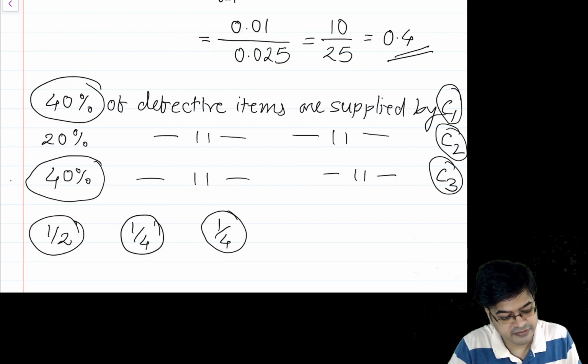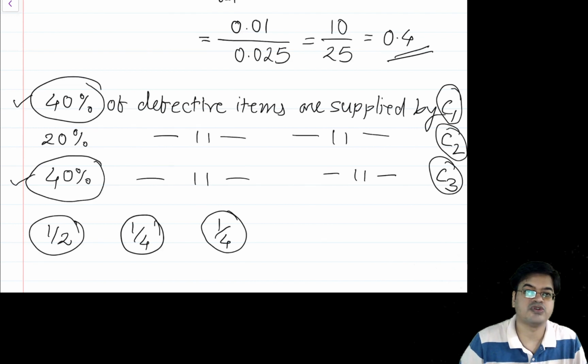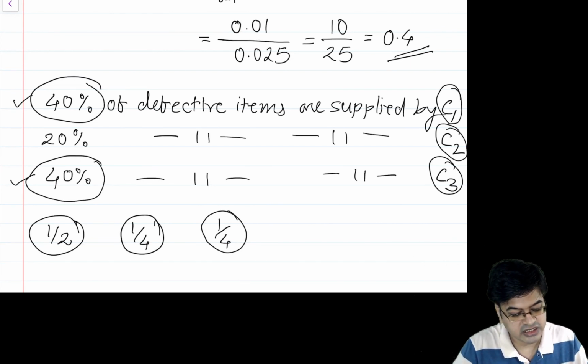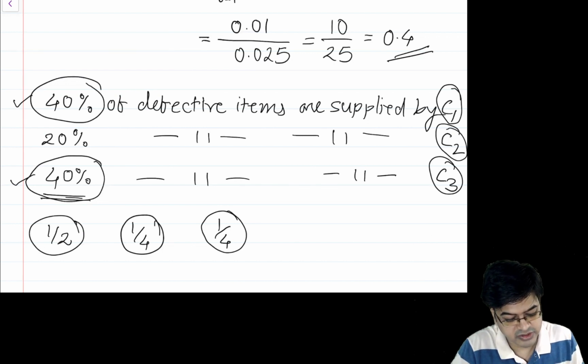He will identify the two causes, C1 and C3 are responsible for most of the defects. Now once he has identified this cause, if he wants to chuck off somebody from the supplier chain, then he may decide that this guy is producing 40% even though he is supplying only 1/4 of the material.